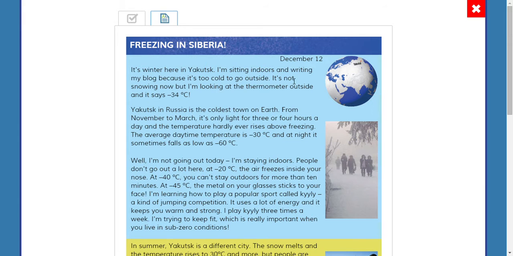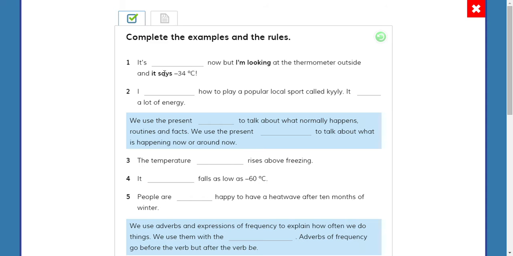No, it's not snowing now. It's not snowing. Okay? It's not snowing now, but I'm looking at the thermometer outside and it says minus 34 degrees centigrade.